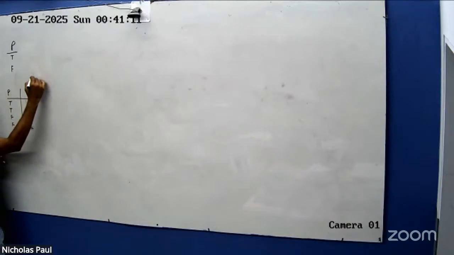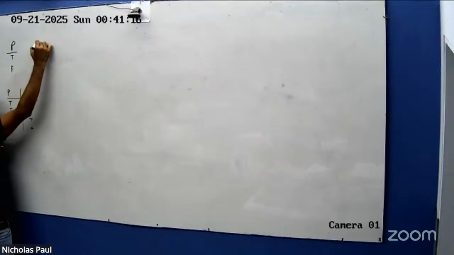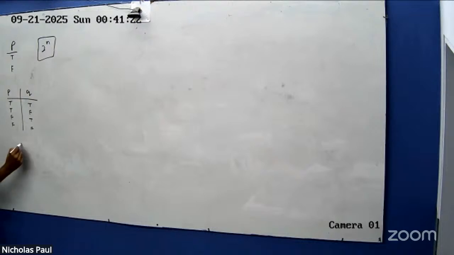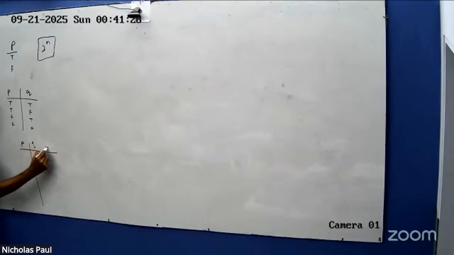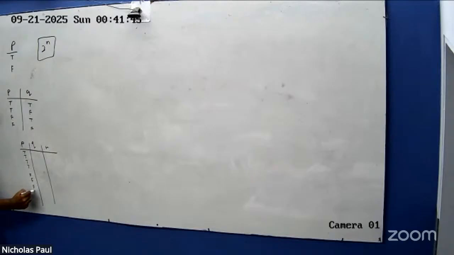Basically it looks like this. The general formula is 2 to the n, where n is the number of variables. So what would happen if I have 3 variables? Very good, I'll have 8. But of course, you don't want to have to work out each one of them; you must have an easy way to write it out. The easy way to list it is 4 trues, 4 falses, then 2 trues, 2 falses, then 1 true, 1 false.